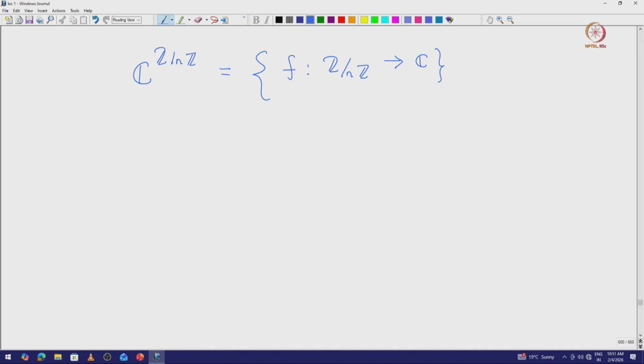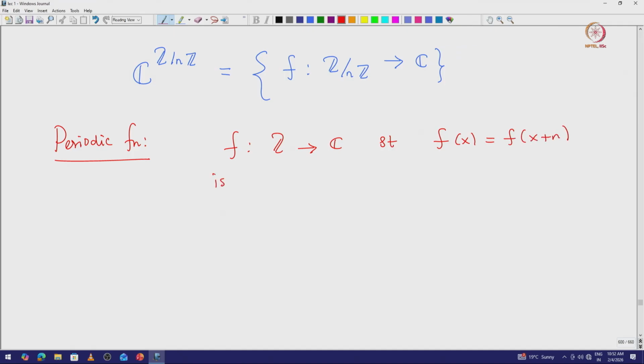So, let us define what that is. So, what is a periodic function? A periodic function is a function from Z to C such that f of x takes the same value as f of x plus n.